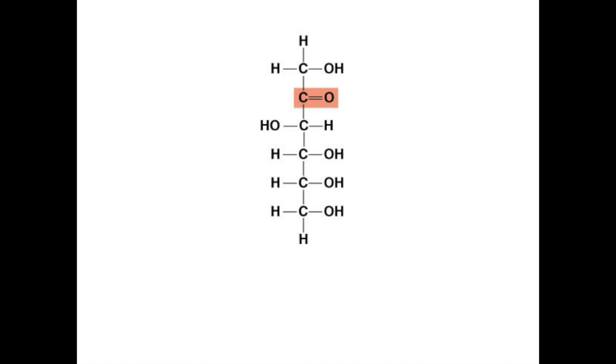Okay, so let's do this one that's a little bit simpler. It's got all of the carbons and hydrogens drawn in there. We've looked for the functional groups. You should recognize that one in red there, that's a carbonyl group. And so you've got a carbonyl group and you've got a lot of hydroxyl groups. And that's about it. So carbon, hydrogen, and oxygen.